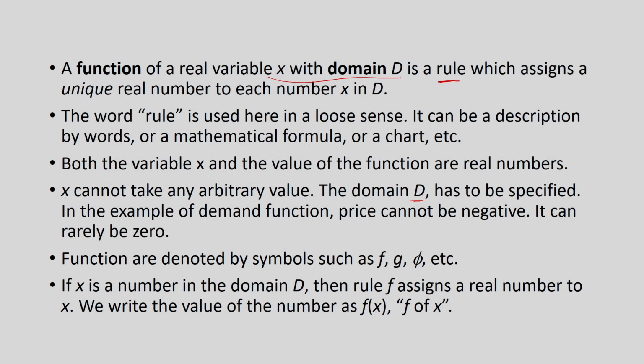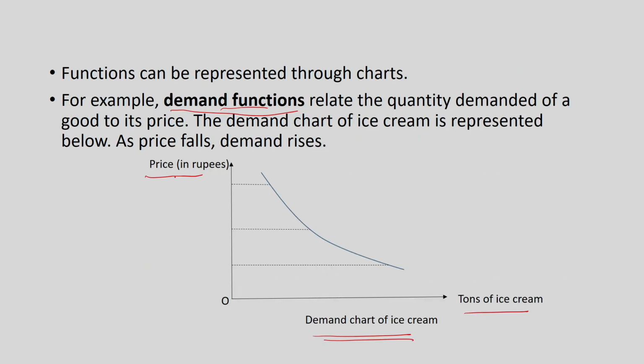In the example of the demand function, the price cannot be negative, it can rarely be 0. So, if I represent the price by small p, then the price has to belong to a particular domain. What is this domain?